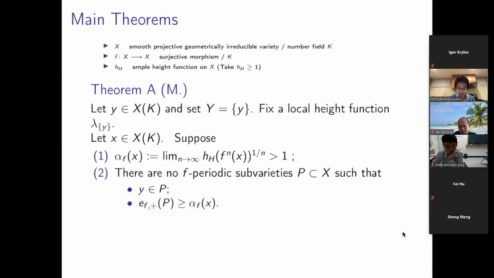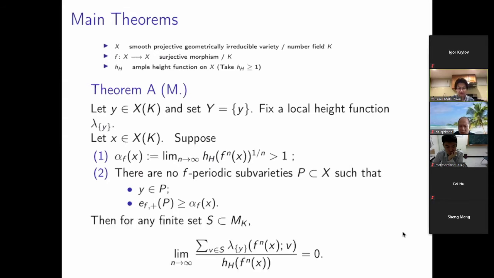But for now, just think this is an invariant that measures how badly ramified F is on P, on the orbit of P. So this is kind of multiplicity of F at P, and we assume that there are no such periodic subvariety. Then the conclusion is the limit in the question goes to 0.